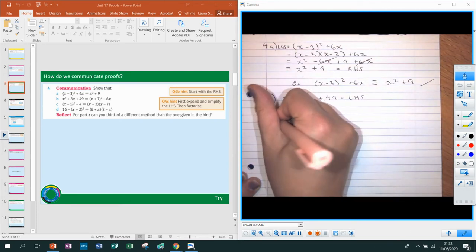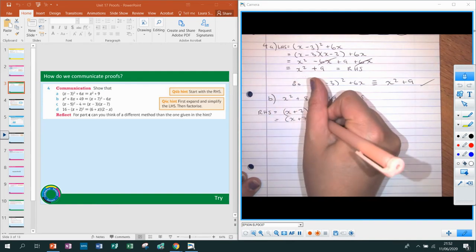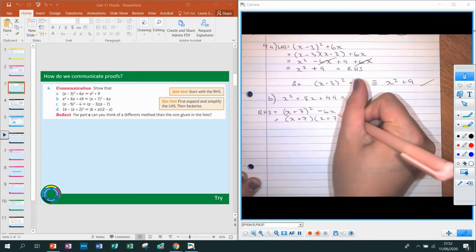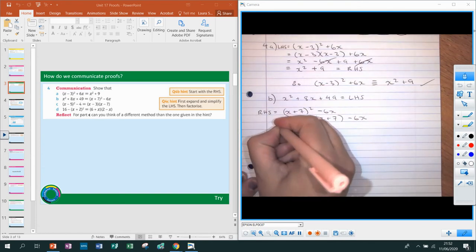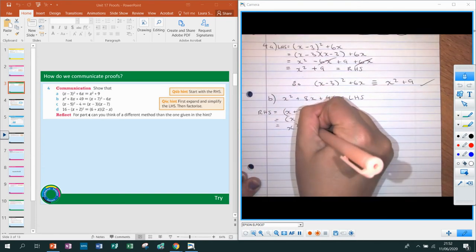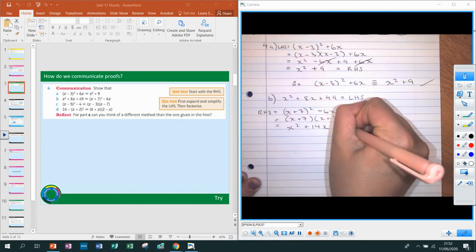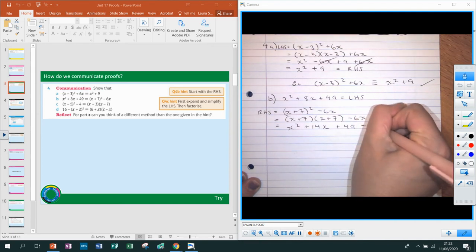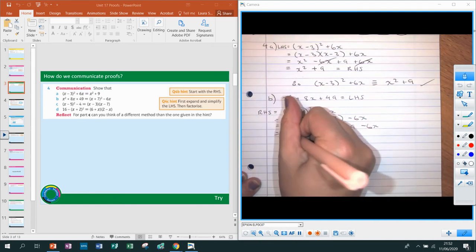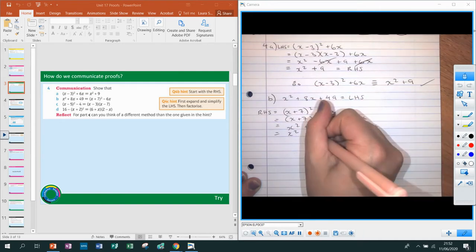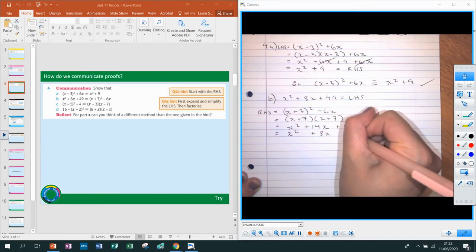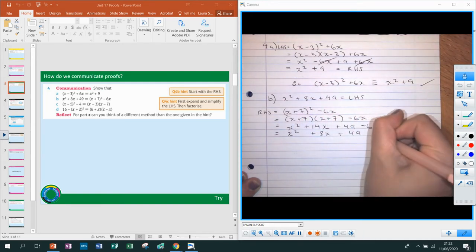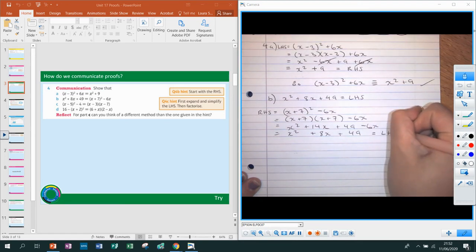Let's work on that one. So that's equal to x plus 7 times another x plus 7 minus 6x. That's going to give me x squared plus 14x plus 49 minus 6x. And that gives me x squared plus 8x plus 49, which is equal to the left-hand side.